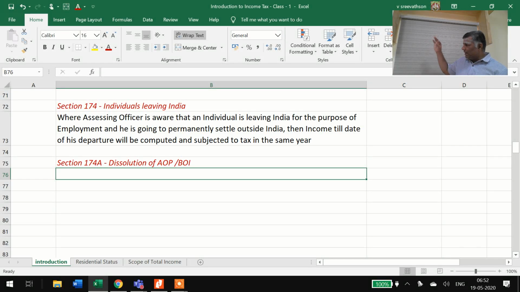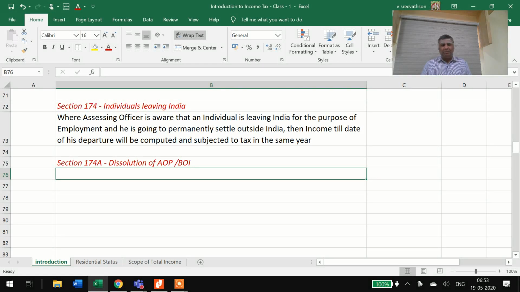As soon as the construction is over, they are going to dissolve. The entity is going to go off. The purpose of their coming together is over, and no more are they going to be doing any activity.